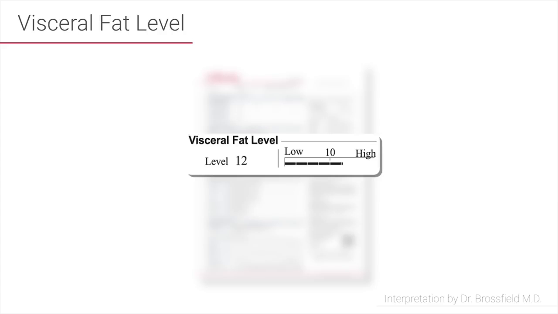So the more belly fat you store, the higher your risk of disease. We know that the number 10 on this visceral fat score is kind of a critical breaking point: if your visceral fat score is below 10, your risk of heart disease and diabetes is actually about 50% lower than if this number rises above 10.